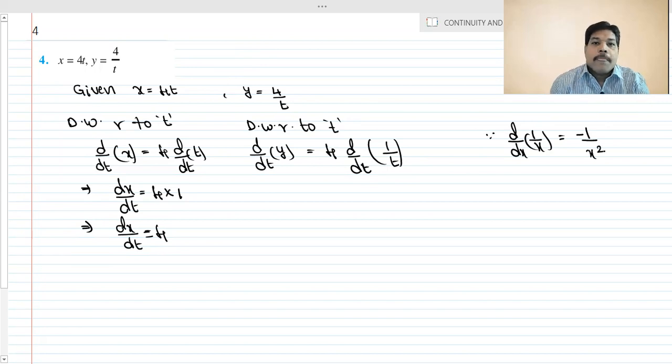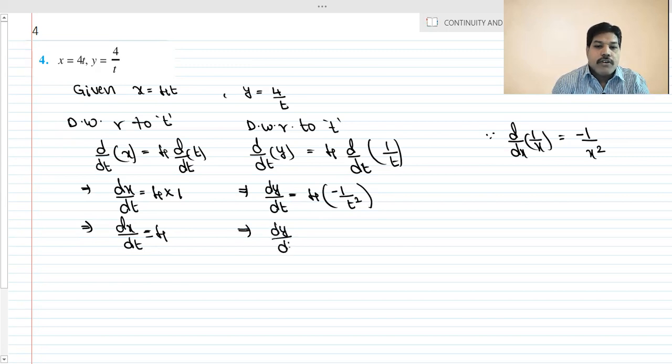So that implies dy by dt is equal to 4 into minus 1 by t square, so dy by dt is equal to minus 4 by t square.